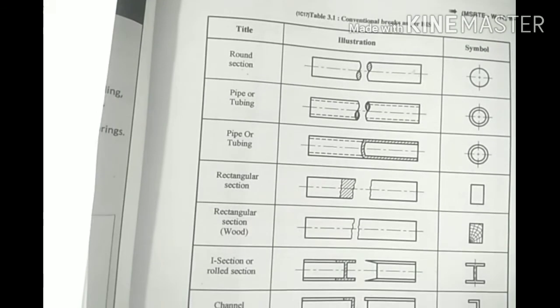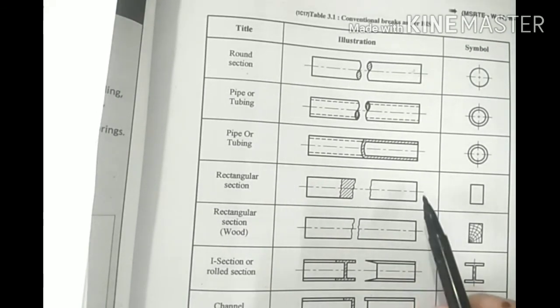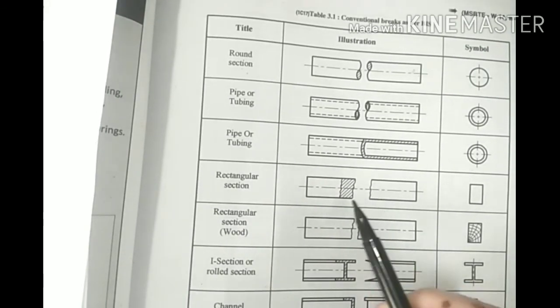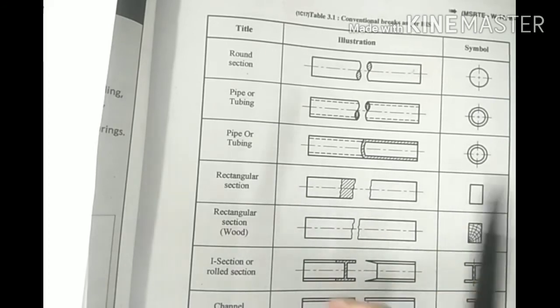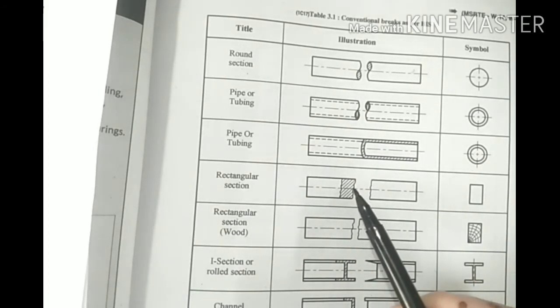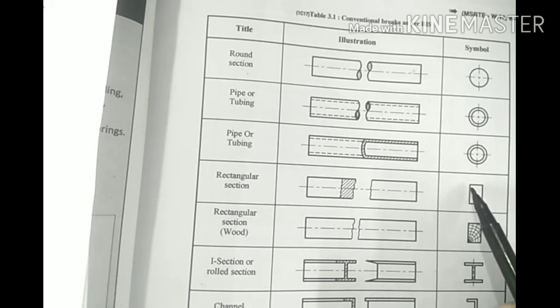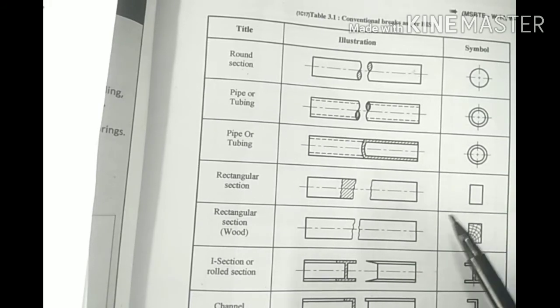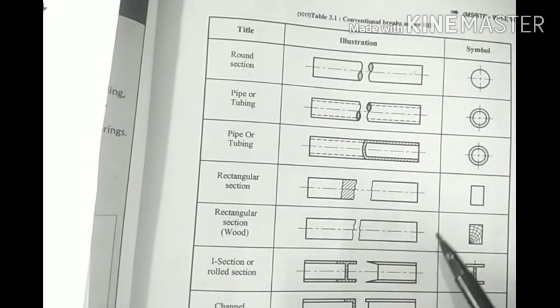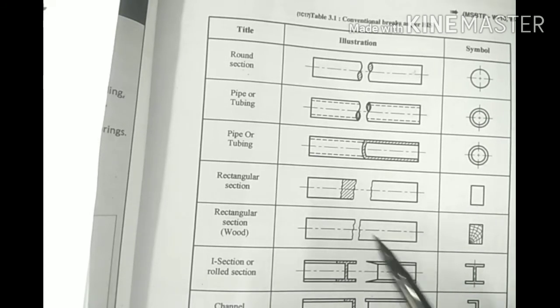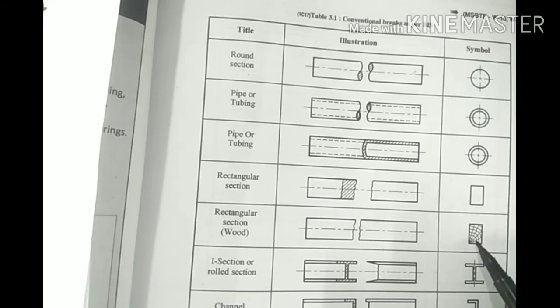Rectangle section, here you can see the short break line means this rectangular section is longer one, and section is provided and symbol is just a rectangle. Similarly, if the rectangle section having material wood, so at that time you have to give the symbol like this, wood grains is to be shown.